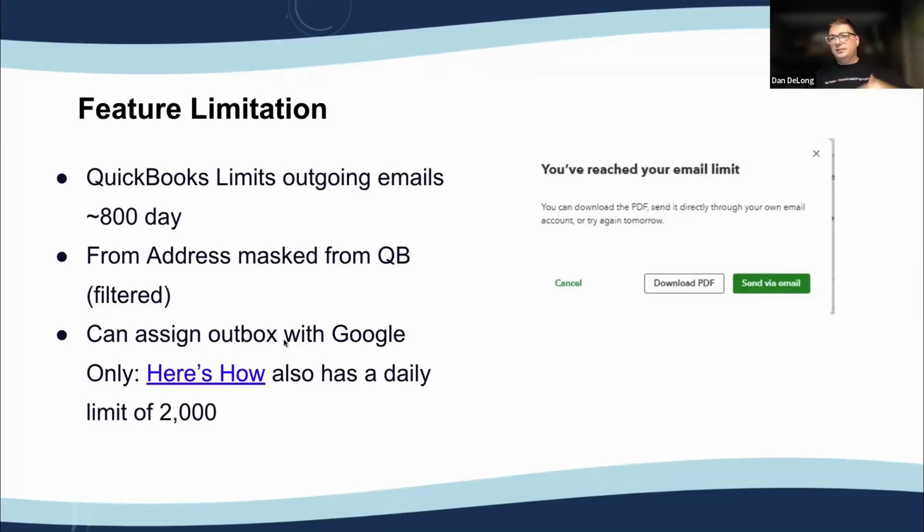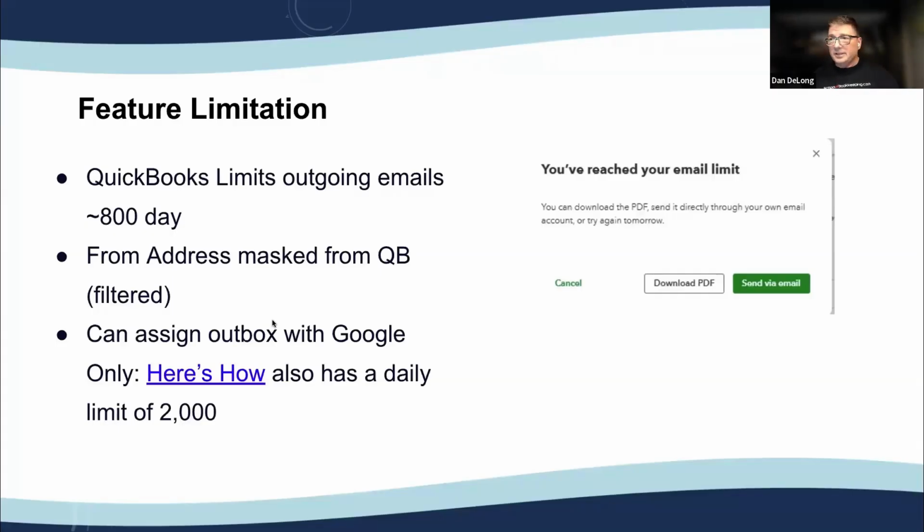It'll say Sharrin Fuller sent you an invoice or a payment request, but the actual address is a QuickBooks email, and that can be filtered. That could get caught in junk or spam or any other ways of getting intercepted before it actually shows up in someone's inbox.